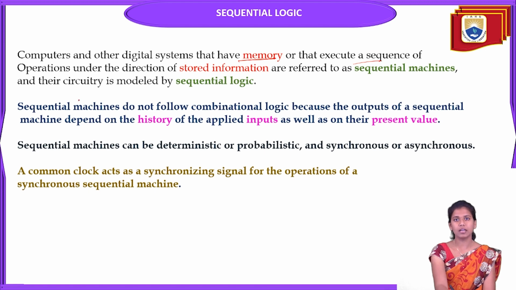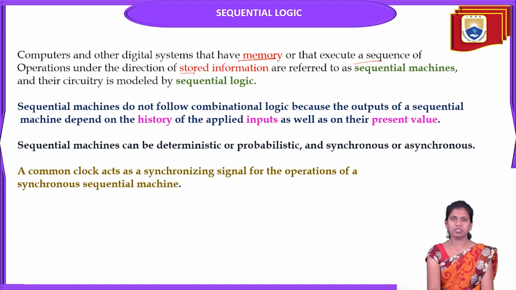So under some situations, there is nothing but the stored information. The information which is already stored in the memory, based on the memory, the combinational or the logical circuits, the electronic devices just execute the operations, and they are referred to as sequential machines. This is nothing but sequential machines.